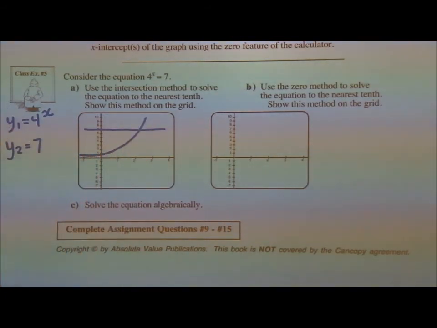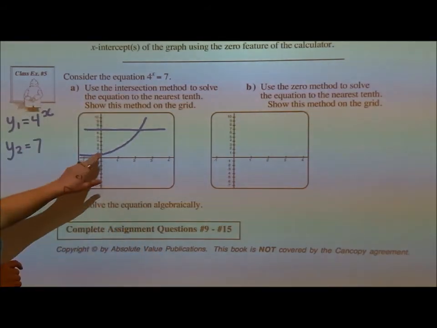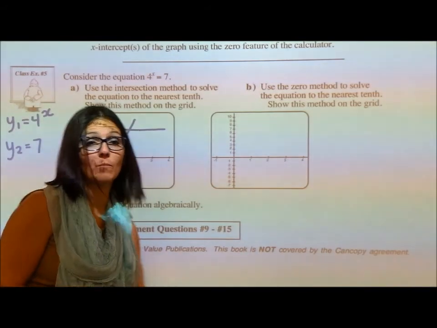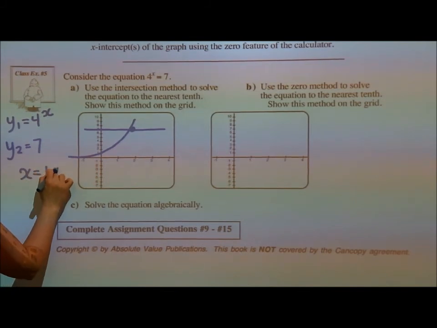And then I have this intersection point. What is the intersection point? 1.4036775. So to the nearest tenth would be 1.4. So x equals 1.4.